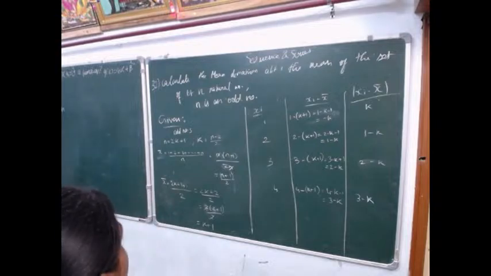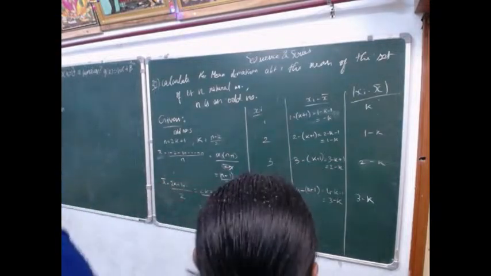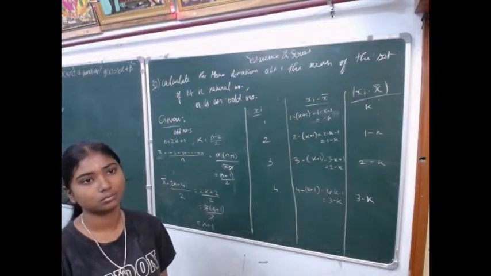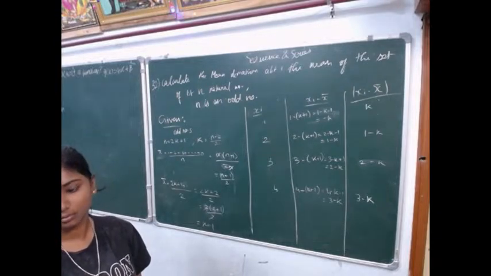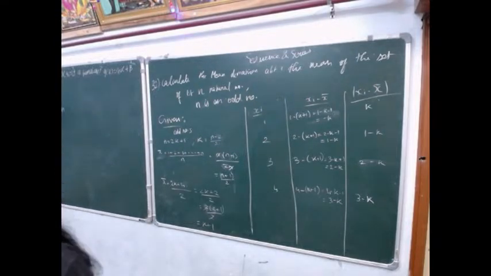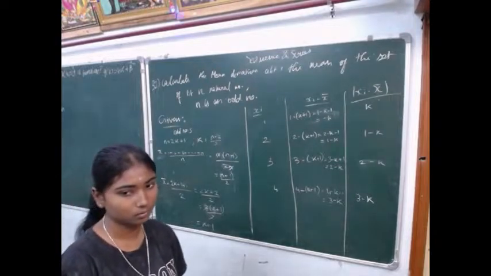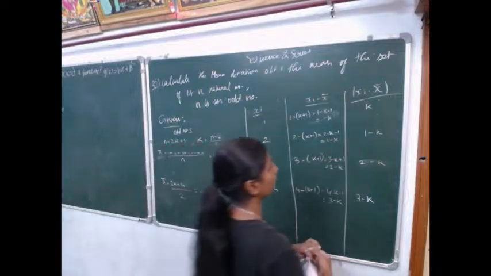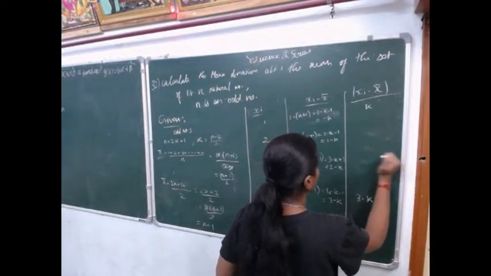What is the value? What is 2 minus K minus 1? You please check. Is it K minus 1 or 1 minus K?